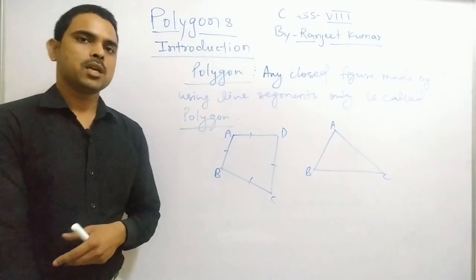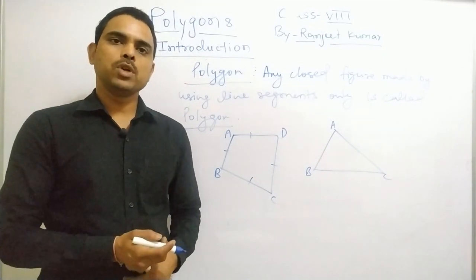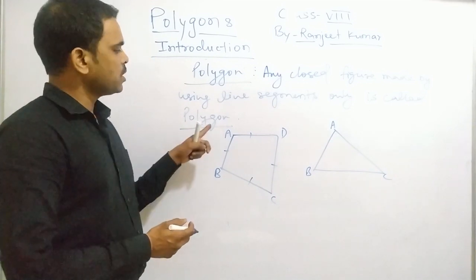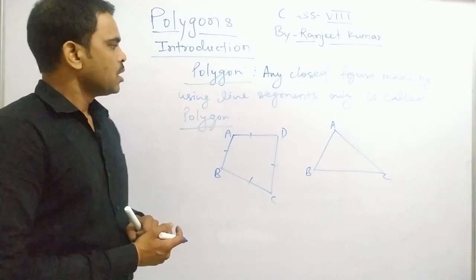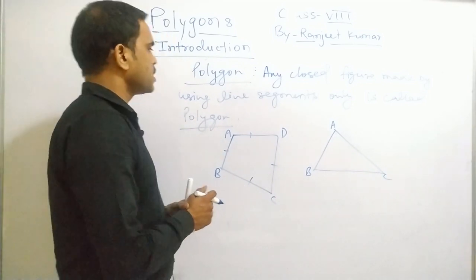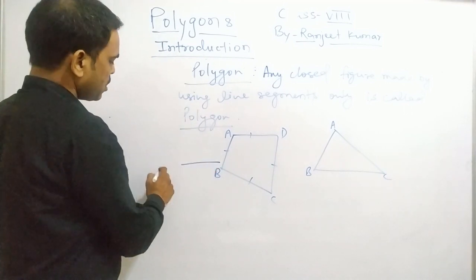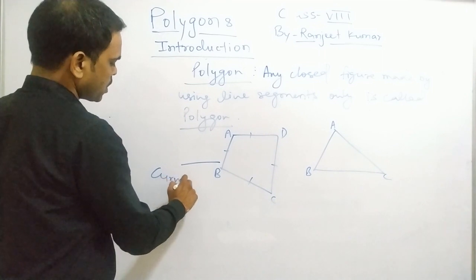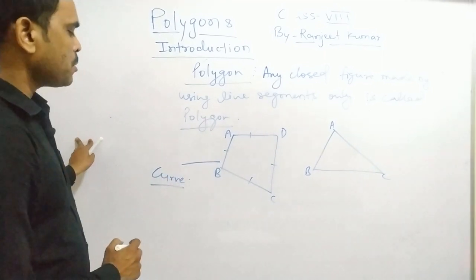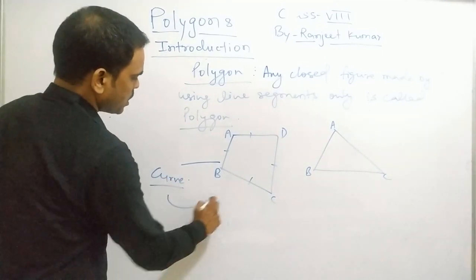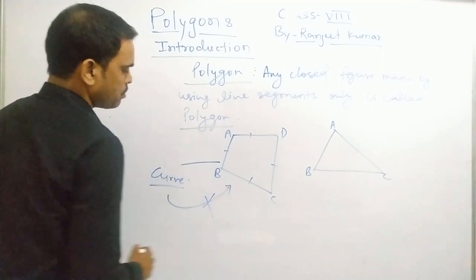So any shape which is made by using only line segments will be a polygon. Okay, one remarkable thing is there: all the polygons are curves, but all the curves are not polygons.